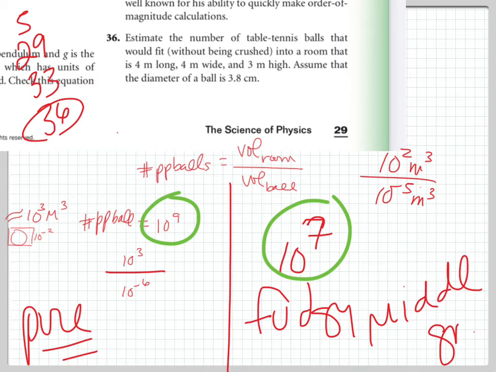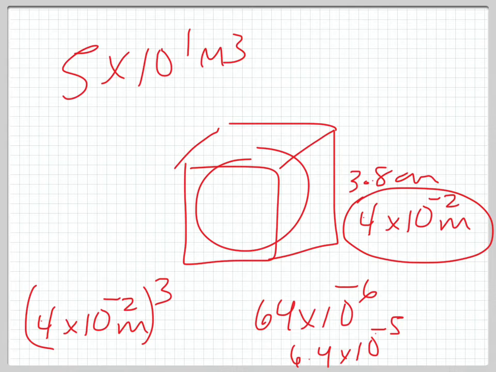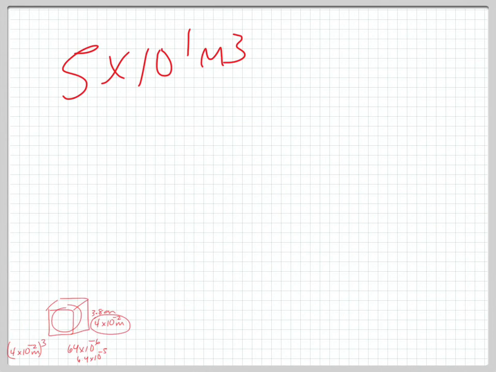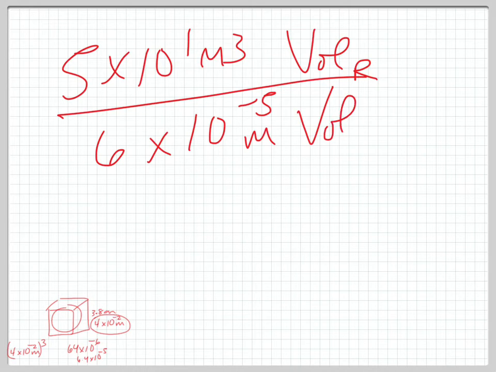So what if I'm a real pain in the tuchus and I want to say, well, I have 48, let's say 5 times 10 to the first cubic meters is the volume of the room. Well, I had 6.4 times 10 to the negative 5th meters cubed is the volume of the ball.